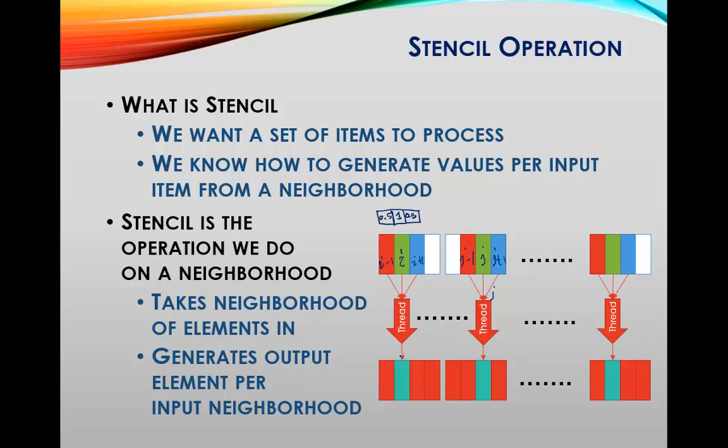Then you write the result into one element associated with the thread, and that's basically your stencil. So you take a neighborhood of elements in and generate your output per neighborhood in your input elements, and that is essentially your stencil.